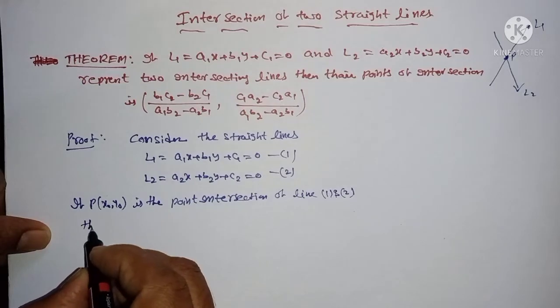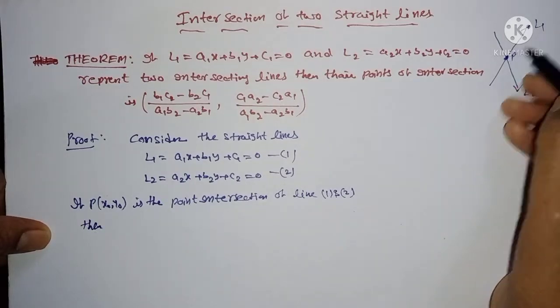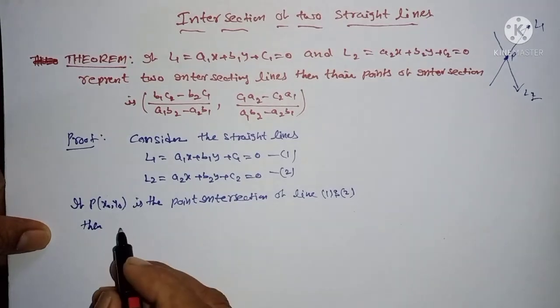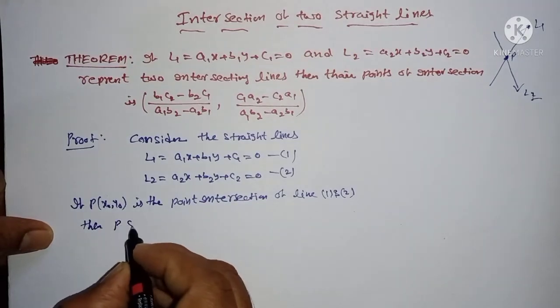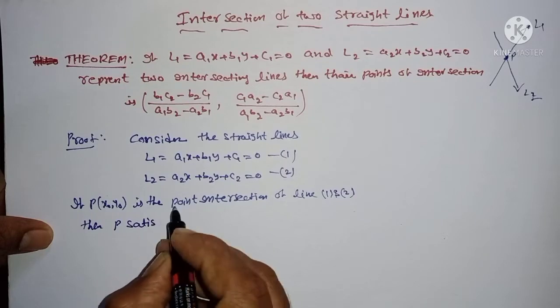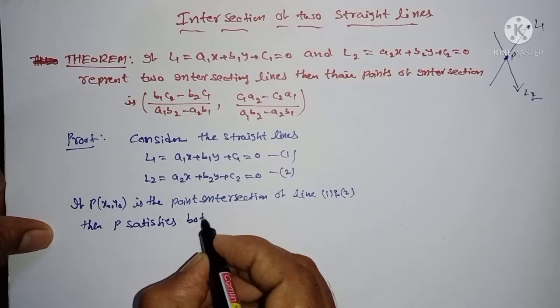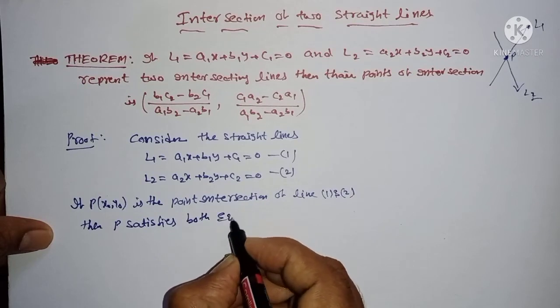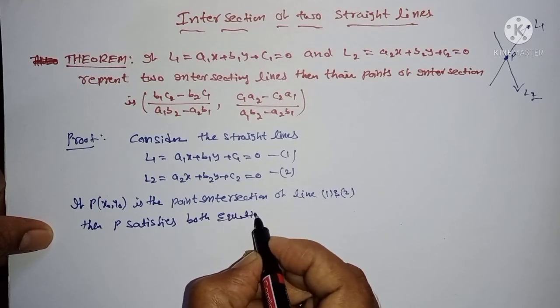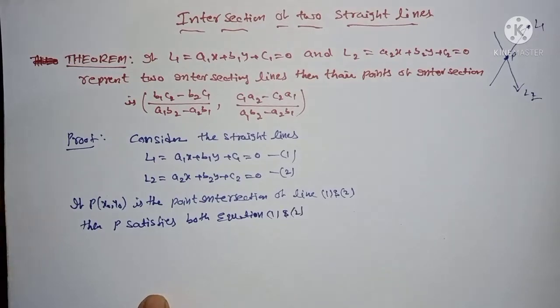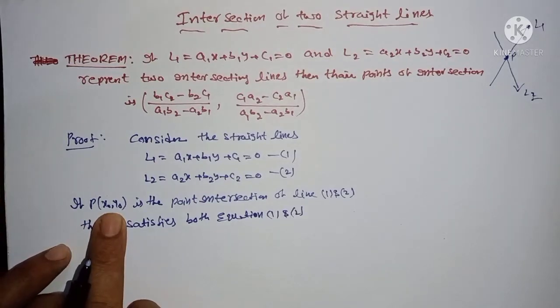Then P lies on L1 and P lies on L2 also. Therefore P satisfies both equations 1 and 2. We don't know the point, but we can find x0 and y0.